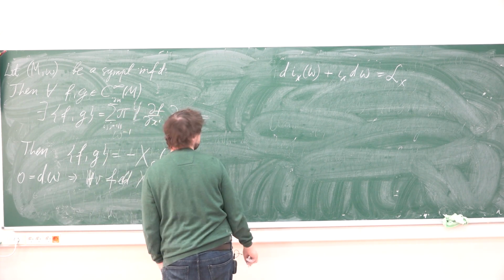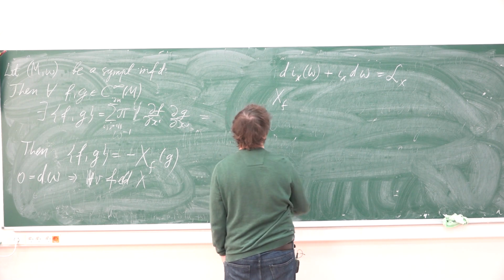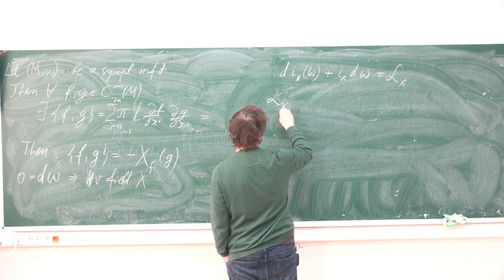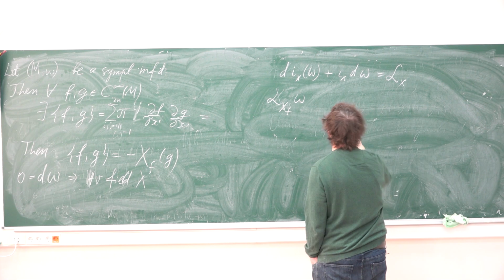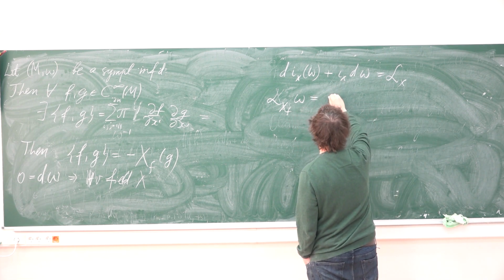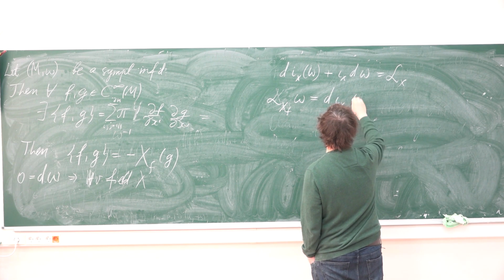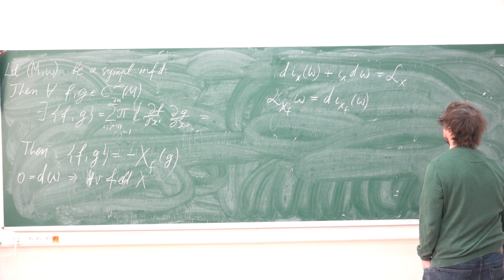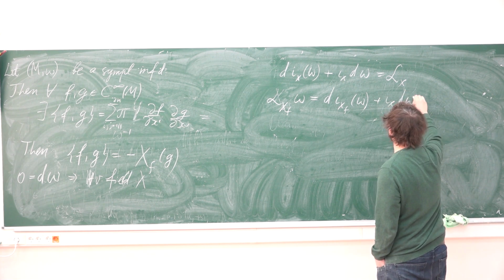And now I do this for the vector field equal to x sub f. So what do I have? L x sub f of omega is equal to what? It is equal to d i sub xf of omega plus ix d omega.